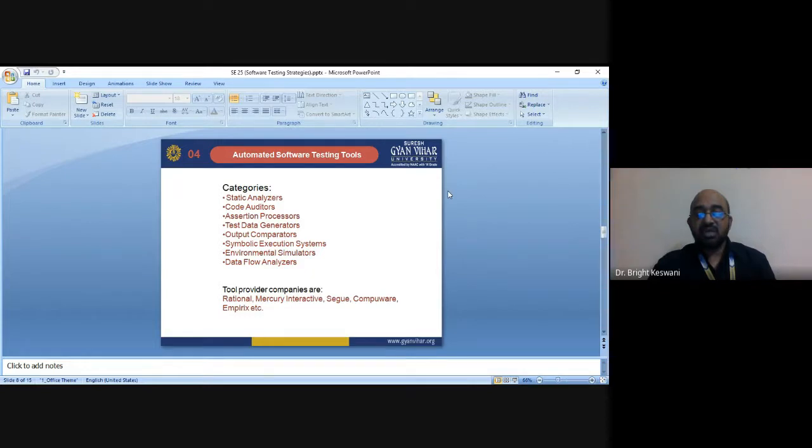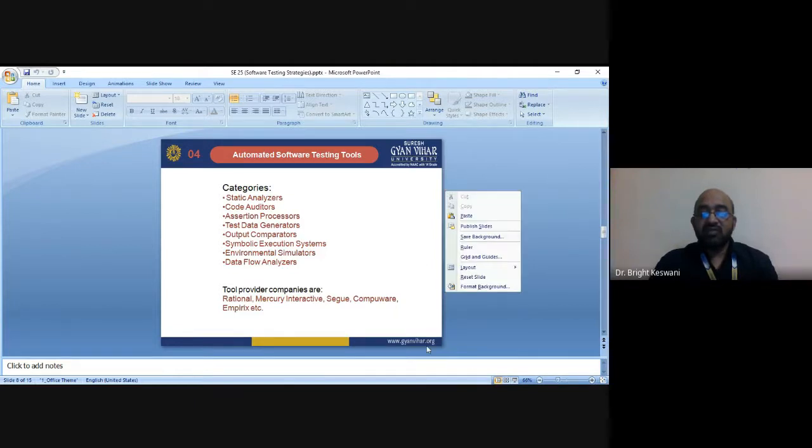These programs analyze and support proving of static allegations, weak statements about program architecture and format. Code auditors are there, assertion processors are there, test data generators, output comparators, symbolic execution systems, environmental simulators, and data flow analyzers. These are some automated software testing tools.